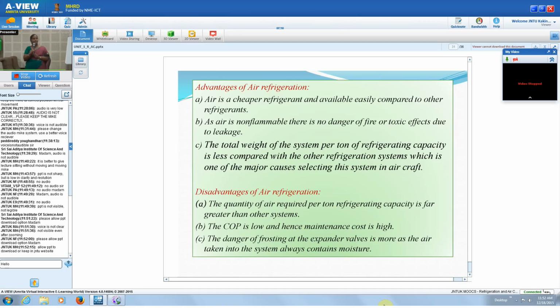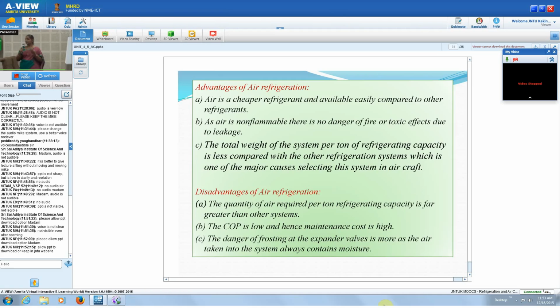We'll see that in the next class. Then let us come to the disadvantages of air refrigeration. The quantity of air required per ton of refrigerating capacity is greater than in other systems. The quantity of air required is always more compared with other refrigerants. Why? Because there is no phase change taking place with this refrigerant.